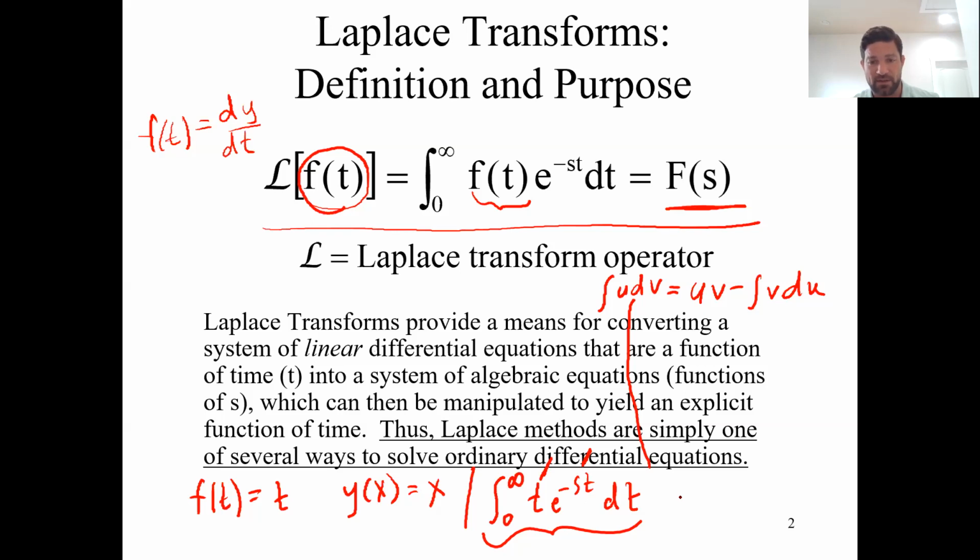And then when we end up solving, we take the integral of this, it would give us something like 1 over s squared. I think this is correct.